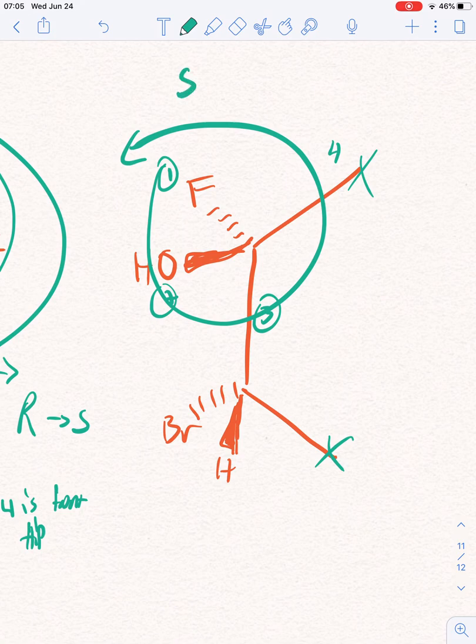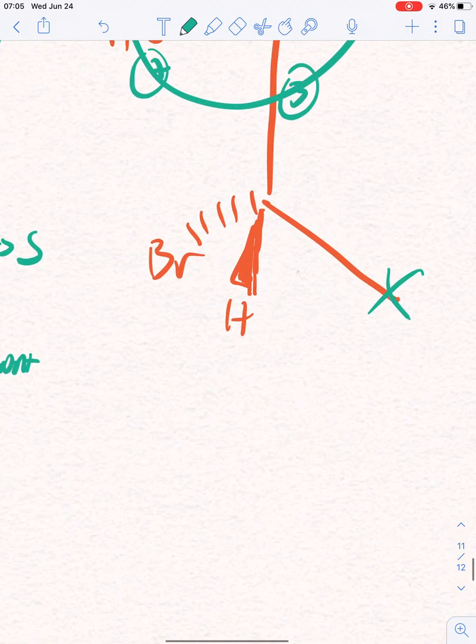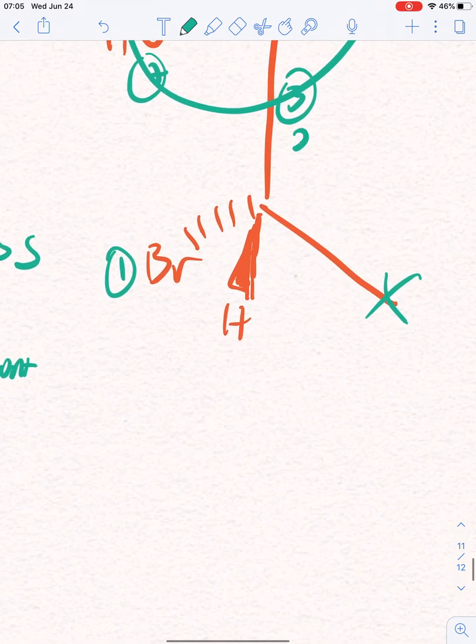Okay, now we have to consider where 4 is. 4 is in the plane, so we go into our brain, and we remember that our rule is if 4 is in the plane and 1 or 3 is in the back, we have to flip it. 1 is in the back, so we flip from S to R. Now we go to this one. 1, 2, right?